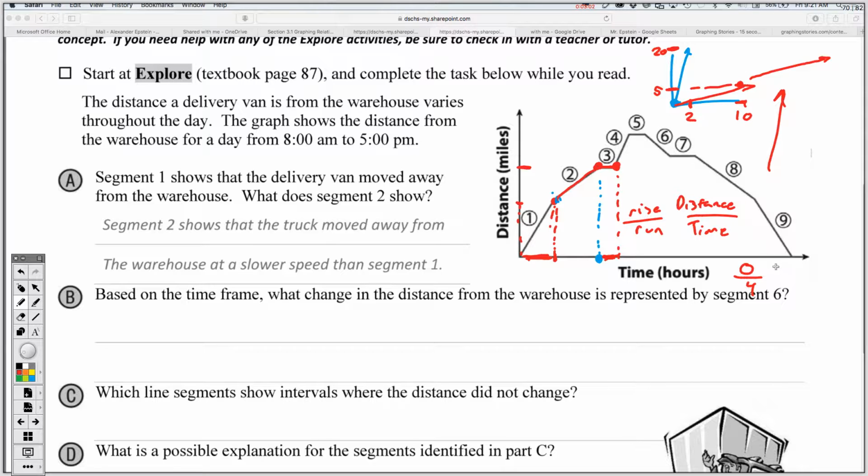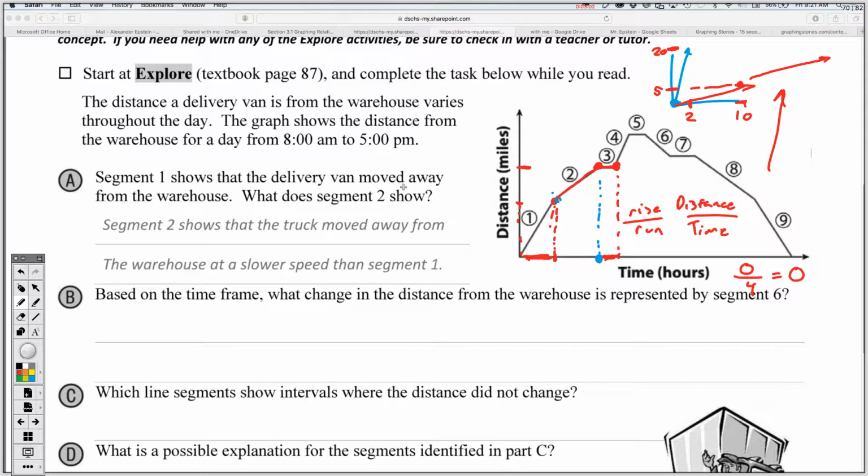What's 0 over 4? You have 0 slices of pizza out of 4 slices. How much pizza do you have? None. 0. Okay. So if your slope is 0, what does that mean for this problem?